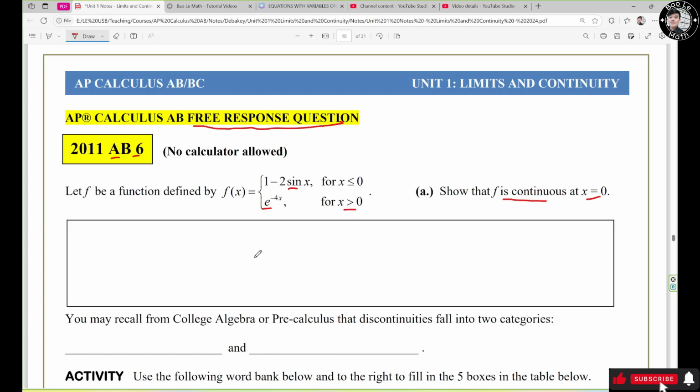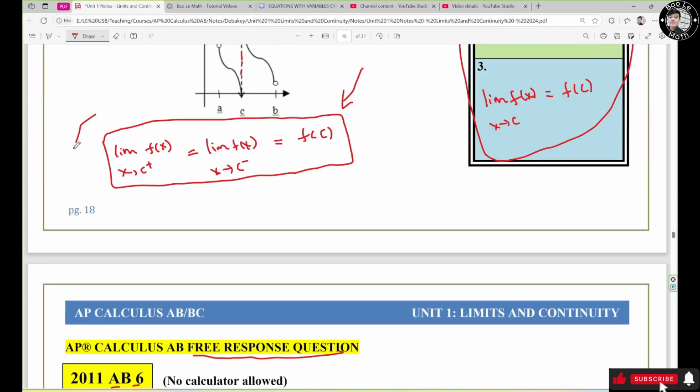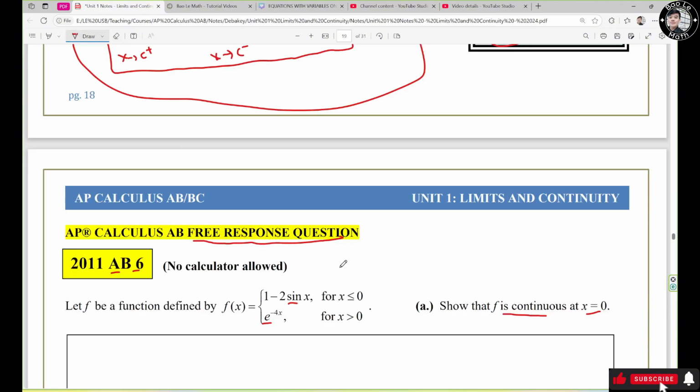Alright, so we're going to use this one right here. Now c in this situation is 0. So we need to check the limit of the function f of s when s approaches 0 minus first. 0 minus means less than 0, so we're going to pick the top piece.